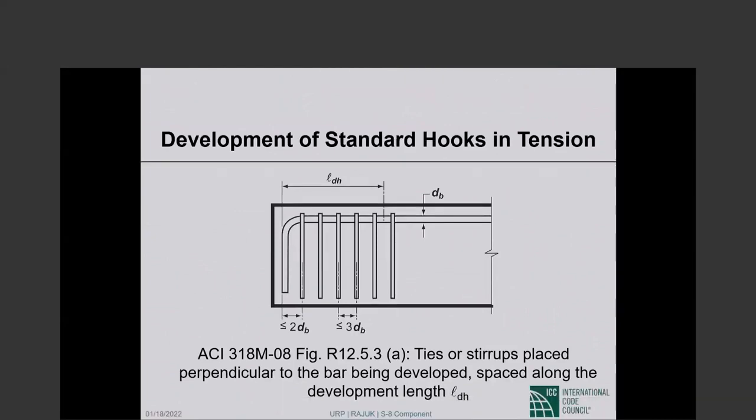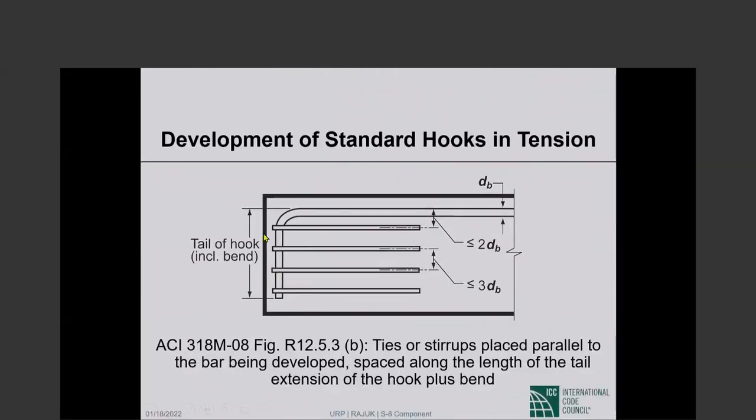that has confinement reinforcement like this perpendicular to the bar being developed, and the spacing no more than 3 bar diameters, or you have confinement reinforcement like this, parallel to the bar being developed, perpendicular to the hook, and the spacing here is also no more than 3 bar diameters.